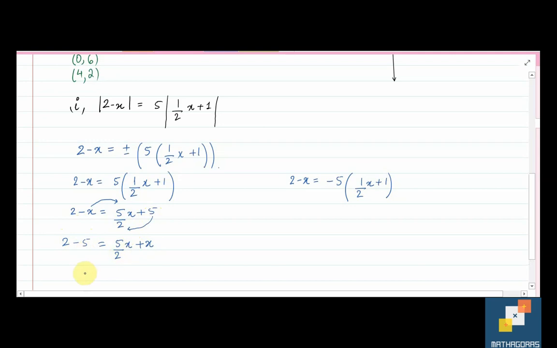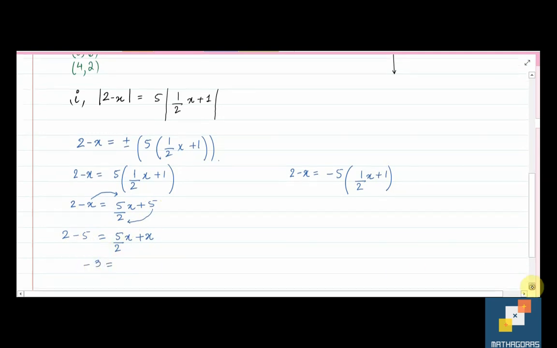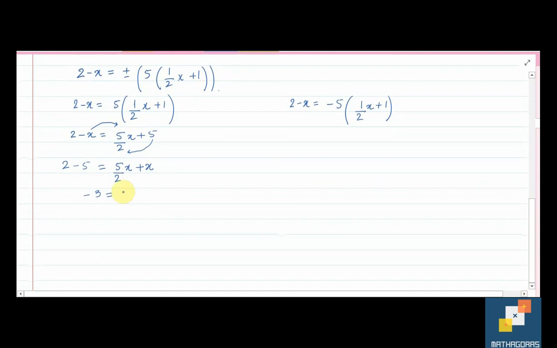So 2 minus 5, it's negative 3, is equals to, now here you need to take the LCM. So the LCM is 2. So it's 5x plus 2x. 5x plus 2x is 7x, and 2, when you shift it to the left side, it will multiply with the 3, that is minus 6, and x is equals to minus 6 divided by 7, right?